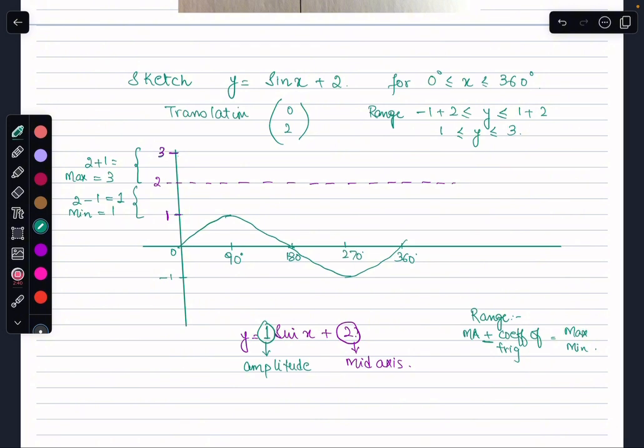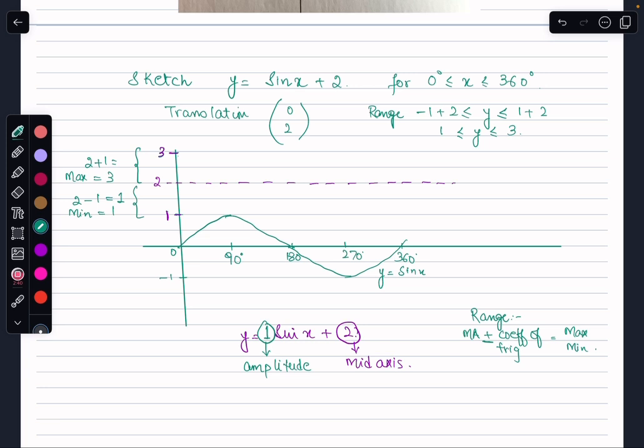So now what I can see here is that this graph shall only be getting translated by 2 units. Therefore, it means that if this is the initial original graph of y equals sine of x, it will just be translated upwards by +2.